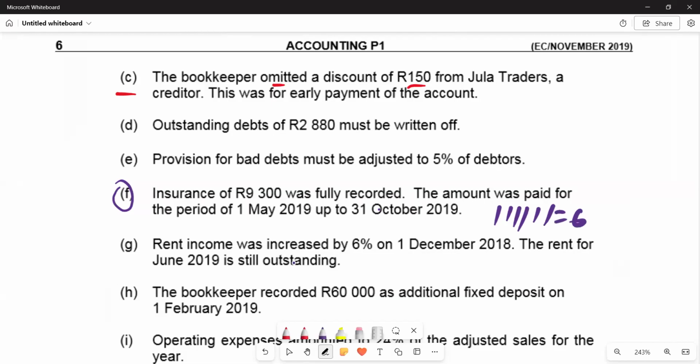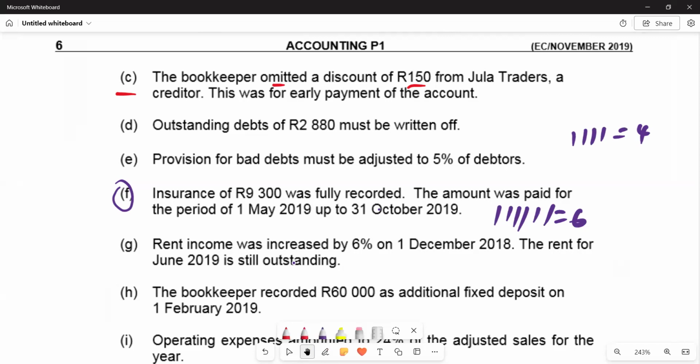So we are saying the number of months that are outside our financial year: from June, we have July, August, September, and then October. 1, 2, 3, 4. So we've got 4 months outside our financial period. So we have to remove those 4 months.